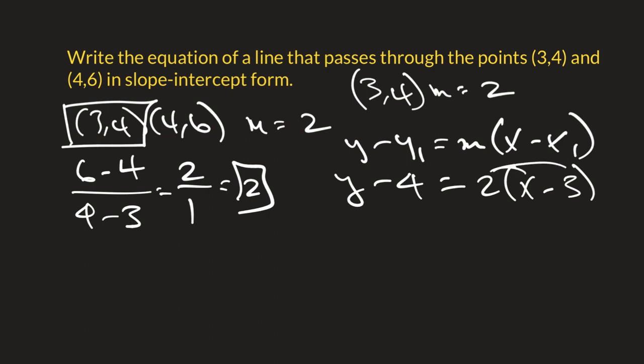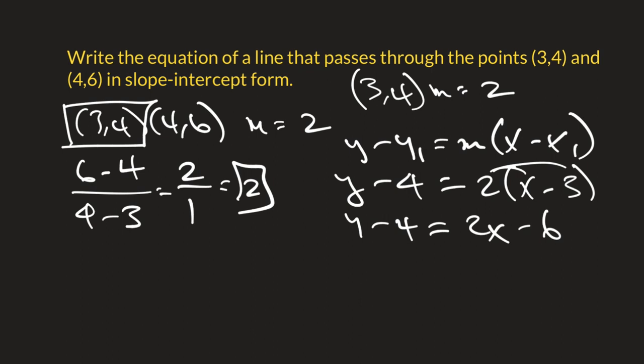Distribute the 2. Y minus 4 equals 2 times x is 2x. 2 times negative 3 is what? Negative 6. Good. Remember this process here. We have to distribute that slope. Got to get that slope throughout.